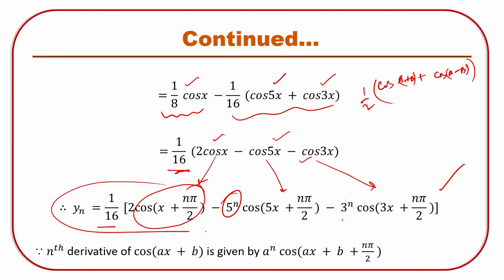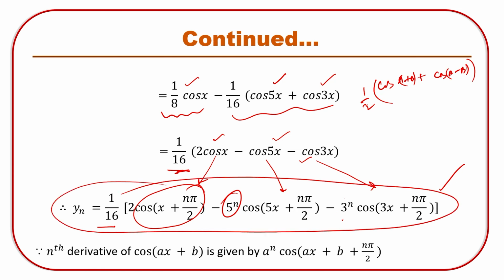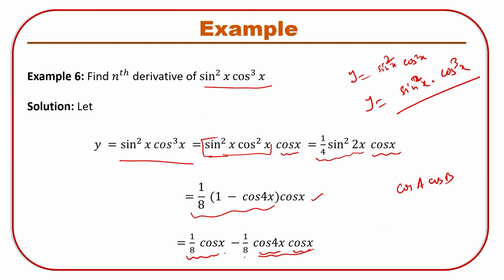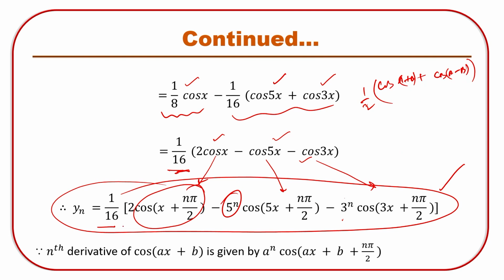The answer is the combination of all these three expressions, right, and therefore, the nth derivative of the given function, sin square x into cos cube x, is nothing but 1 by 16 times 2 cos of x plus n pi by 2 minus 5 power n cos of 5x plus n pi by 2 minus 3 power n cos of 3x plus n pi by 2. That is the required answer.